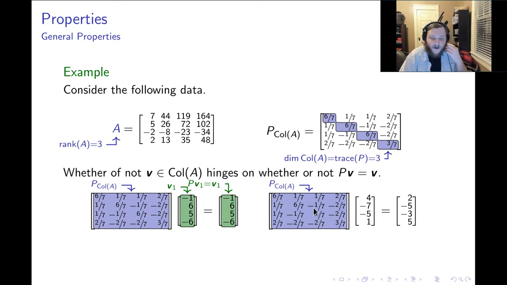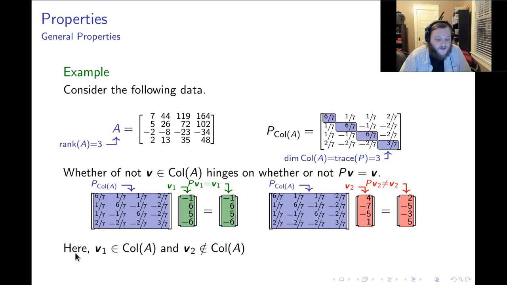On the other hand, over here, I'm taking that same projection matrix and multiplying by another vector, v2, whose coordinates are 4, -7, -5, 1. And when I do the multiplication here, I produce the vector 2, -5, -3, 5. So evidently, the projection matrix multiplied by v2 is not equal to v2. This actually tells me something.